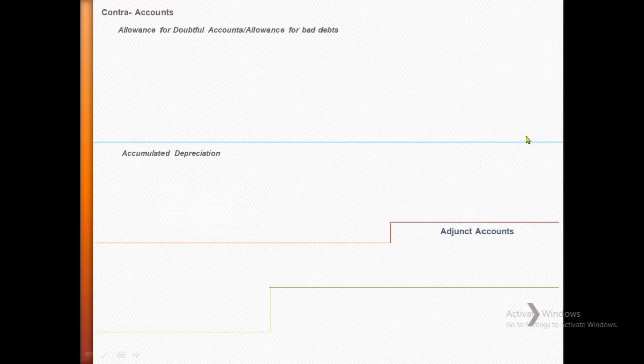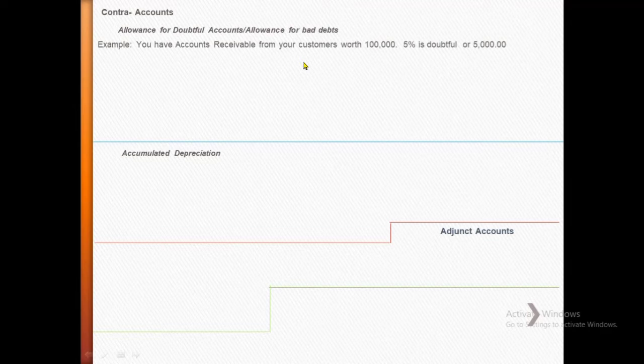Let us focus first on the allowance for doubtful accounts. This is a contra account of the accounts receivable. I would like to emphasize though that it is not the same as the doubtful accounts expense. So let's elaborate. For example, you have accounts receivable from your customers worth 100,000 and you doubt that 5% of it is uncollectible.